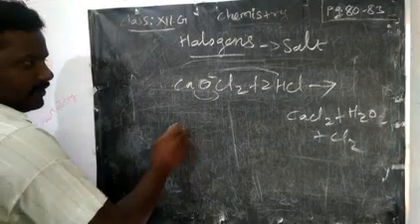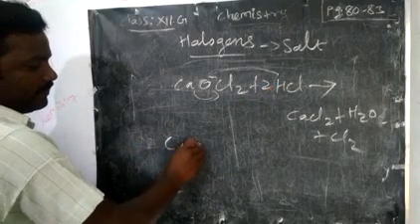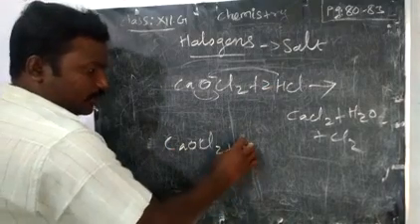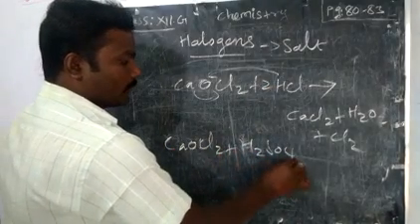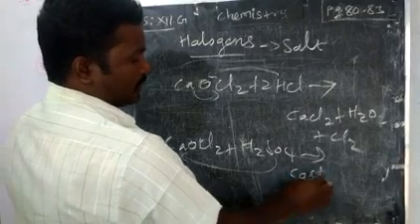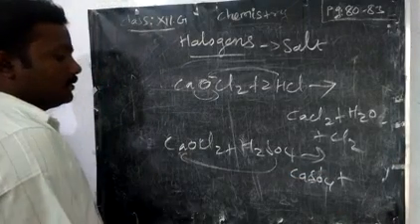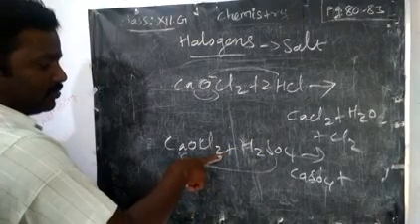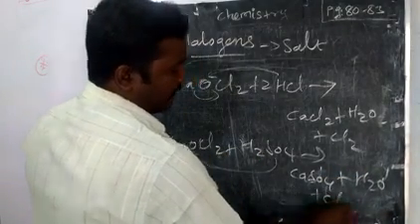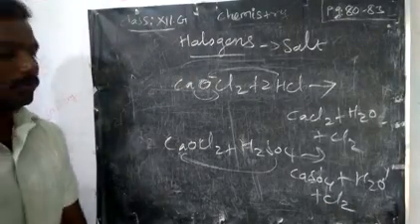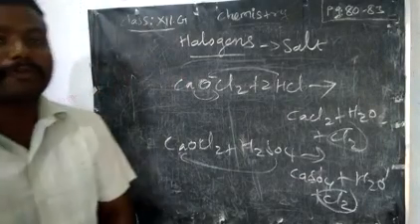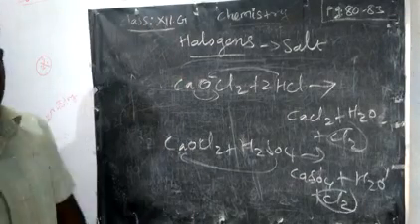And then the same bleaching powder reacts with 1 mole of H2SO4. Calcium sulfate, CaSO4, will form. Then 2 hydrogen, 1 oxygen, water will form. Remaining we have Cl2. So we have prepared chlorine from bleaching powder.